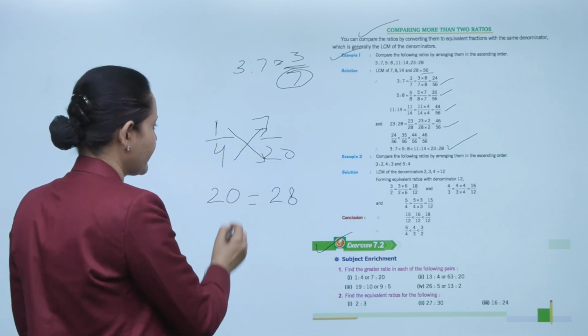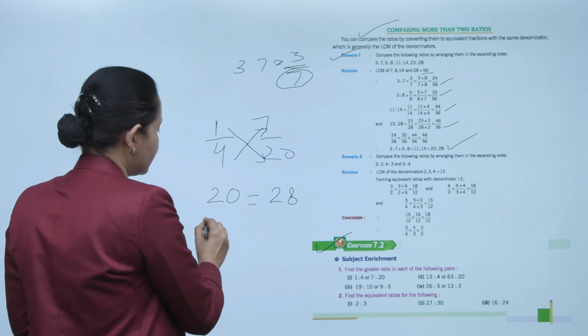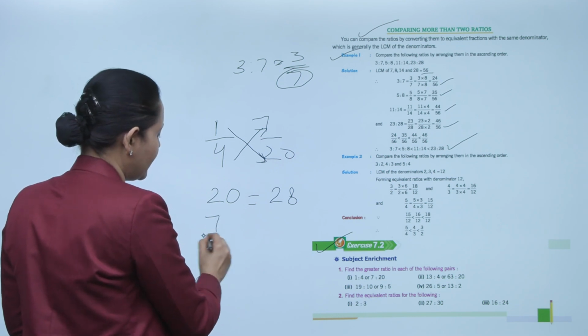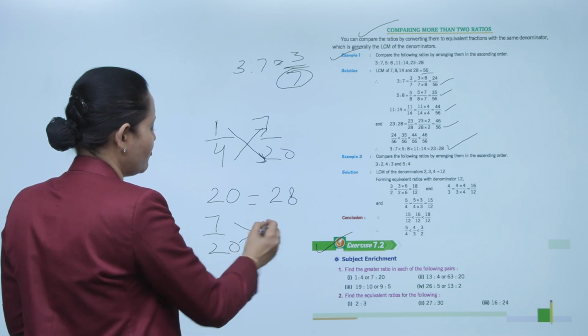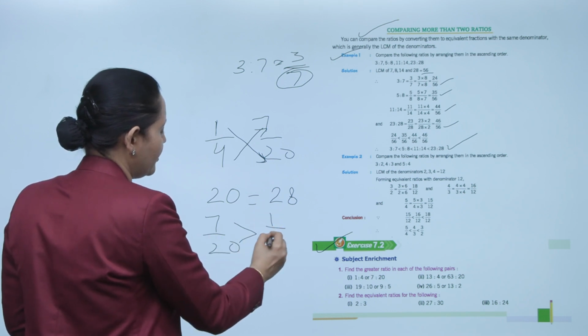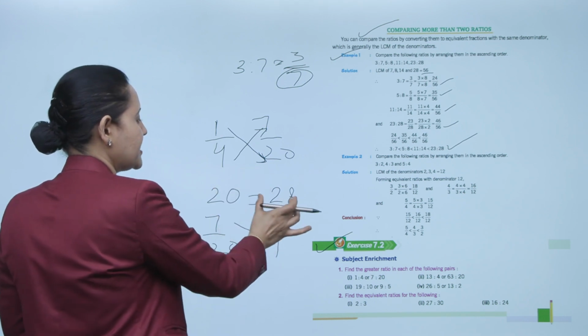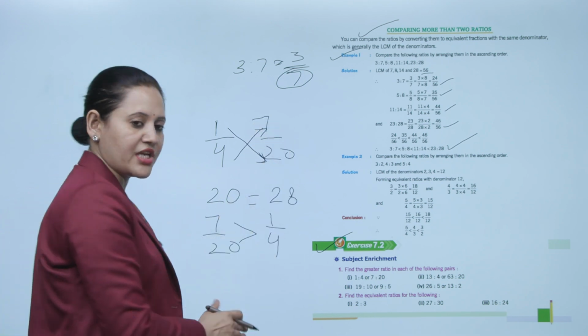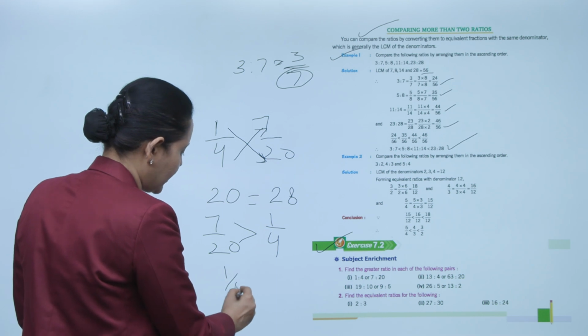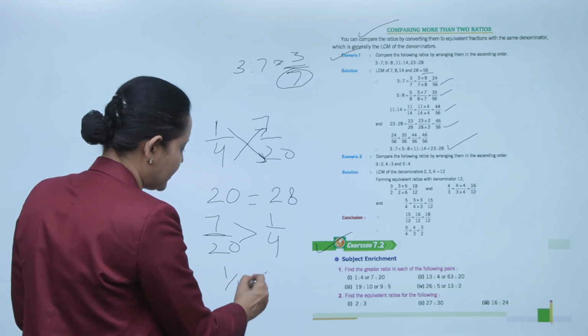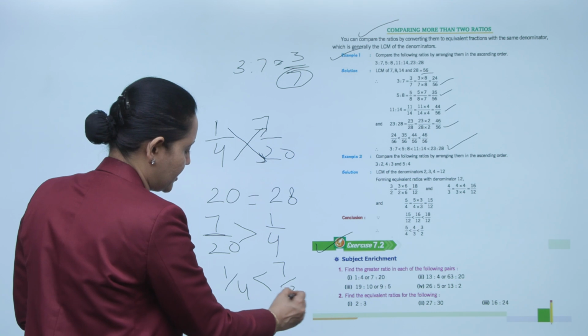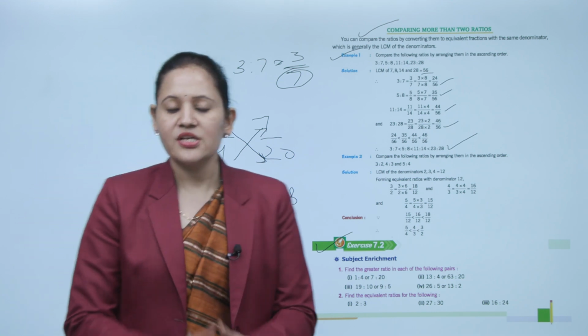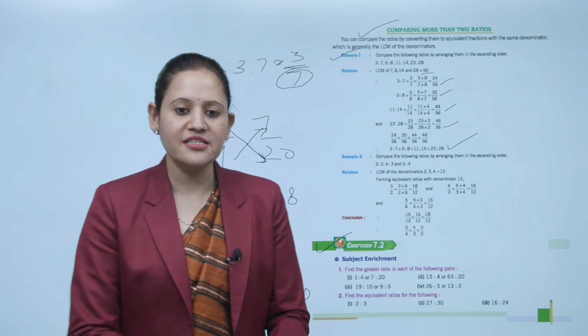That means 7 upon 20 will be greater than 1/4 because इसका product ज़्यादा है. So 7 upon 20 is greater than 1/4, or we can write 1/4 is less than 7 upon 20. Clear? So practice all the questions of this exercise.